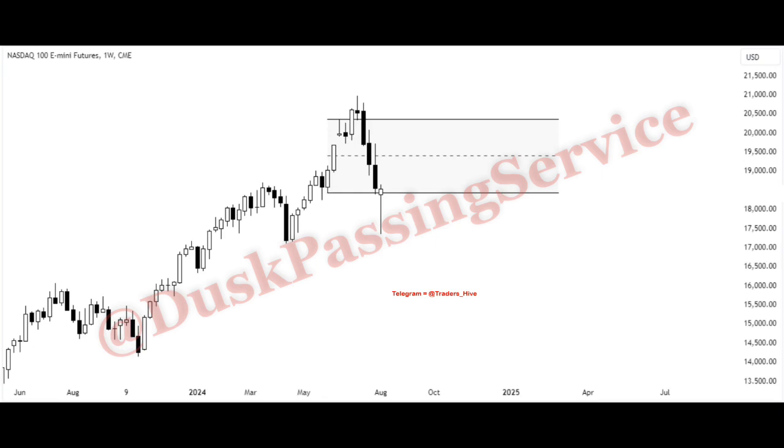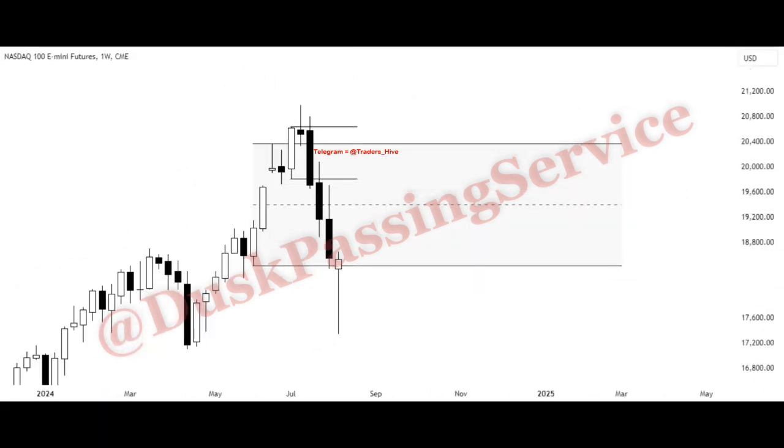Now another thing you can see right here is that this monthly candle CRT, if you look at it closely, then you'd see that it was purged with this big bulky candle. The monthly candle height was taken out with this weekly candle, and now that weekly candle in itself could be treated as a CRT because that candle purged a higher time frame CRT, and it's a big one, right?